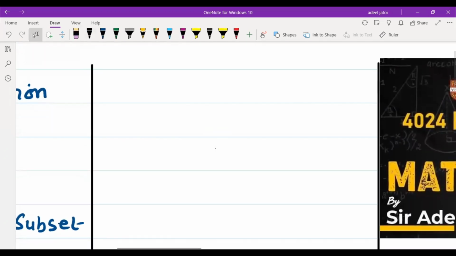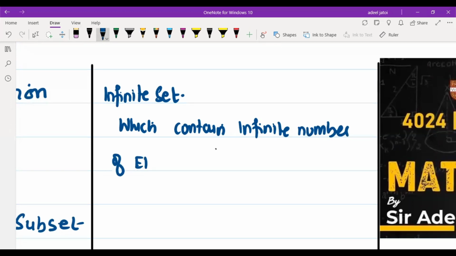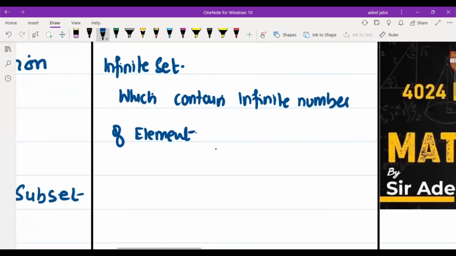Then we have the infinite set, which contains an infinite number of elements. Now let's say the question clearly identifies even numbers.